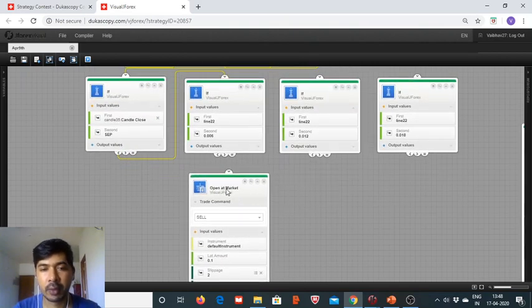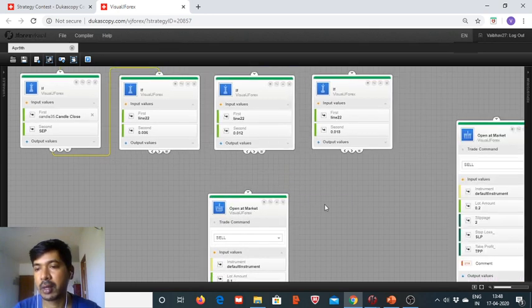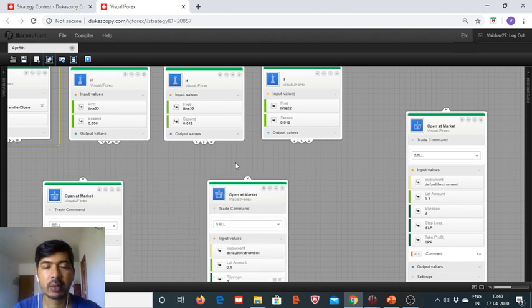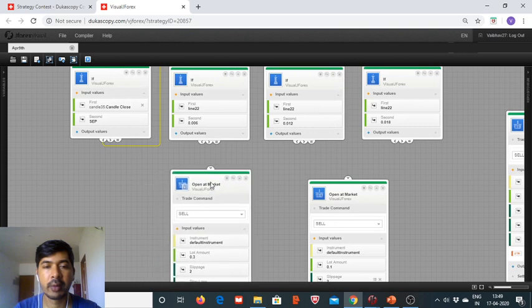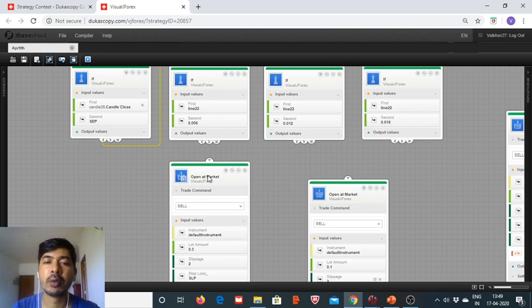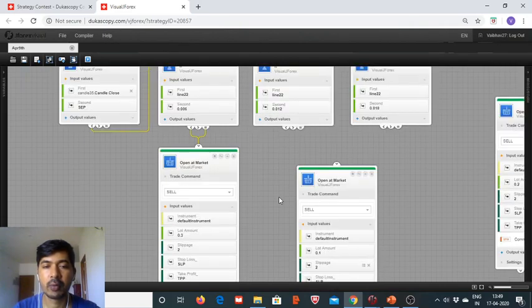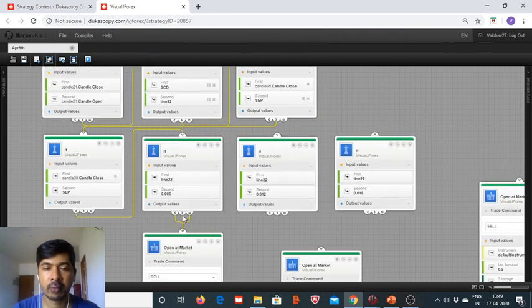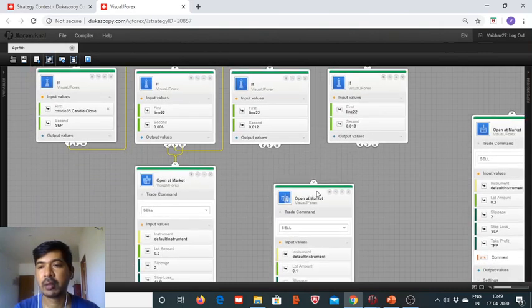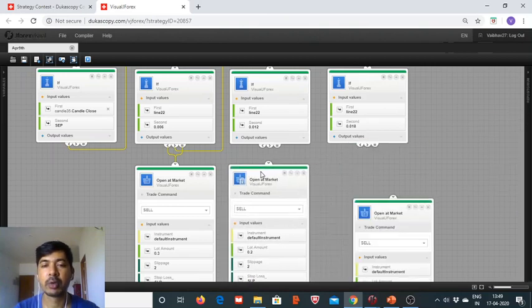Now here comes when the volatility is less, we will be going in with a larger lot size, and we will be utilizing 0.3 million. So whenever it is less than or equal to, the 0.3 million would be our lot size. If the ATR is above 60 pips, then we will check if it is below 120 pips. If it is below 120 pips, then the lot size will be 0.2 million.